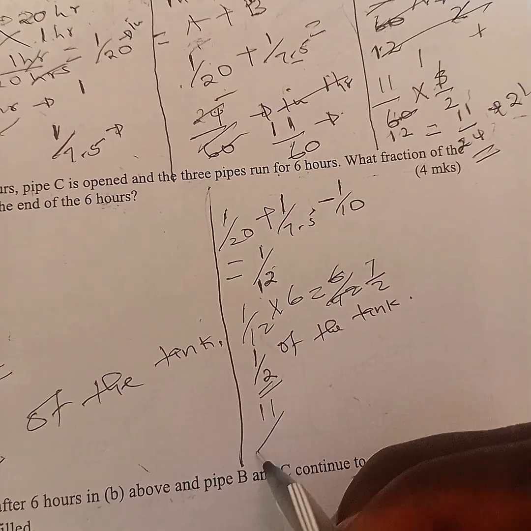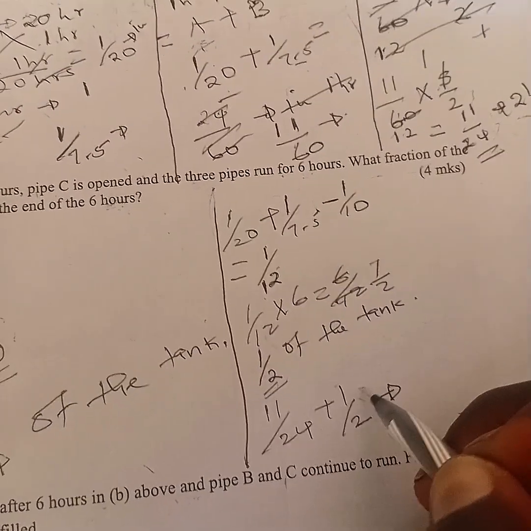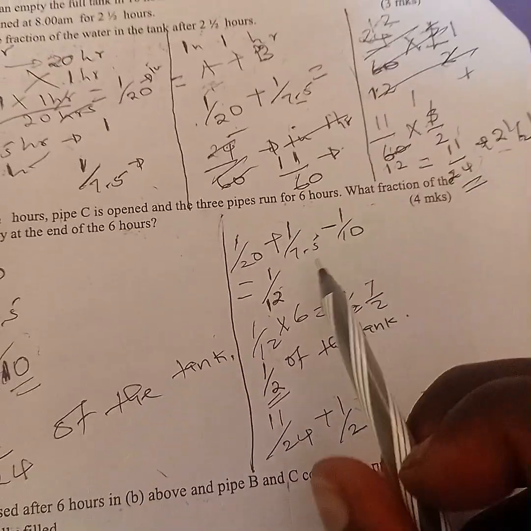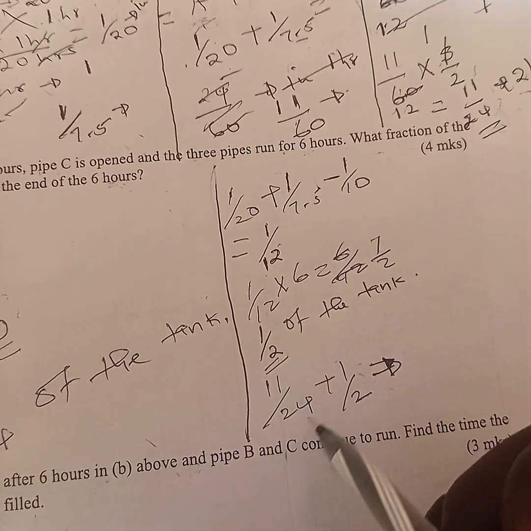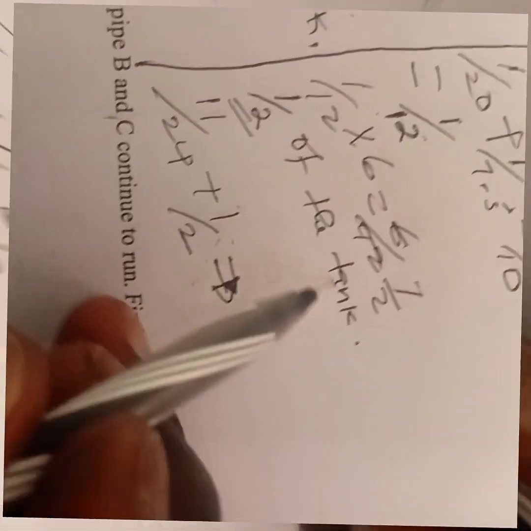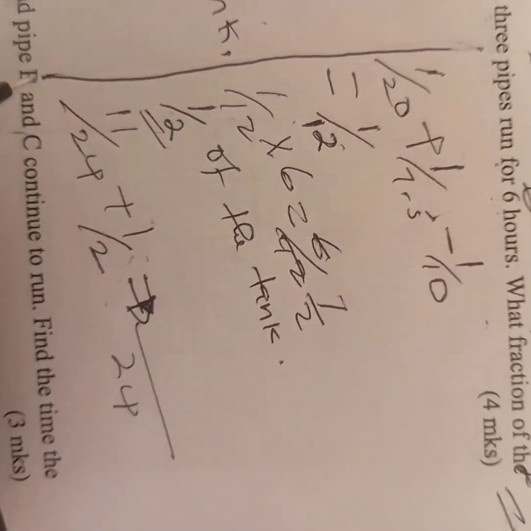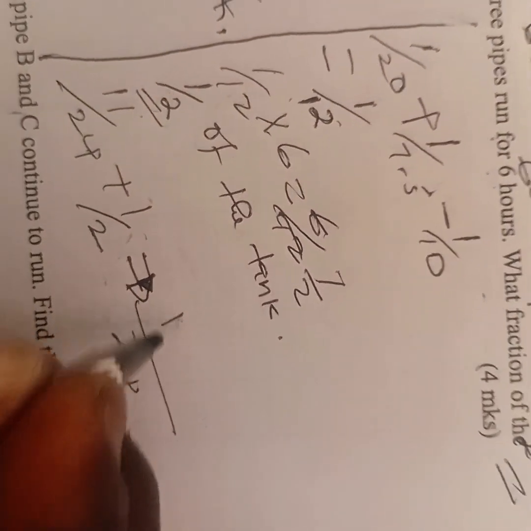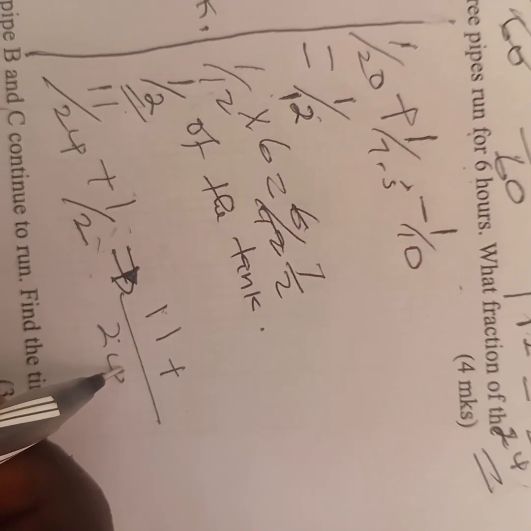So it will be 11 over 24 plus a half. Our LCM is 24. 24 goes to 24 once. 1 times 11, it will be 11, plus 2 goes here, 12.